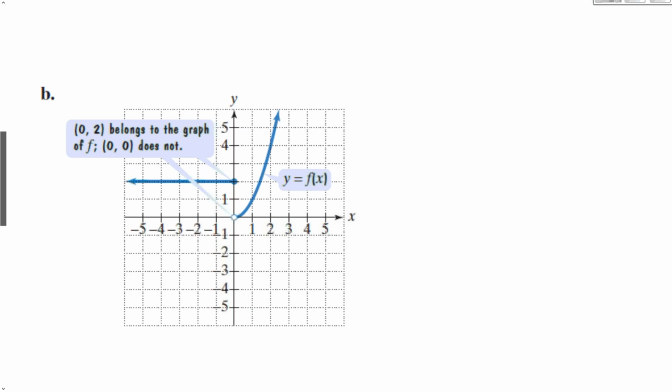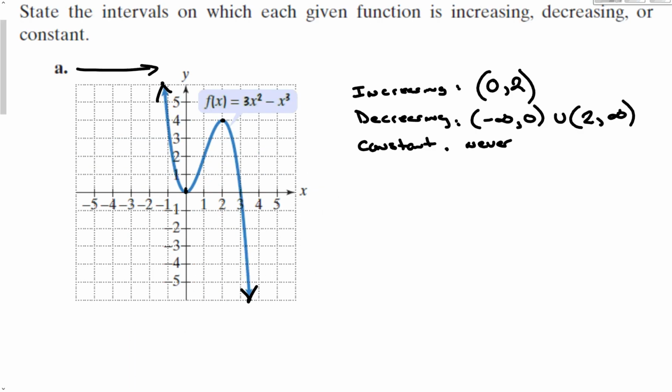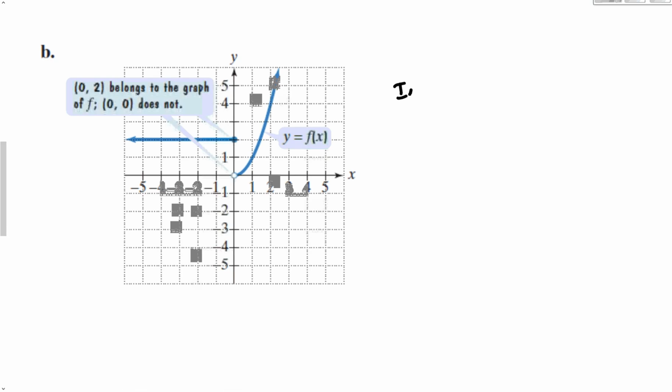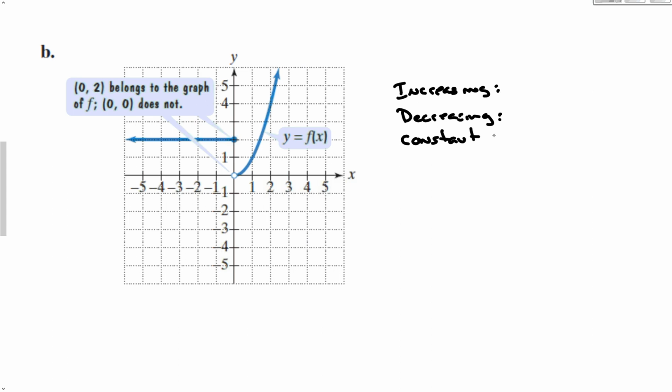Increasing, decreasing, and constant. So where is this function increasing, where is this function decreasing, and where is this function constant?